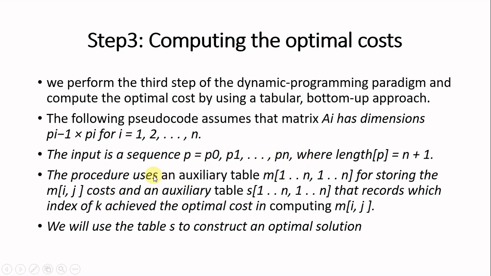Then the procedure makes use of two auxiliary tables, m and s. M will give you the lowest cost.